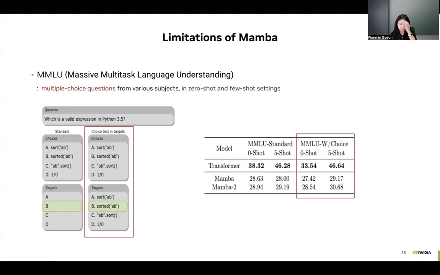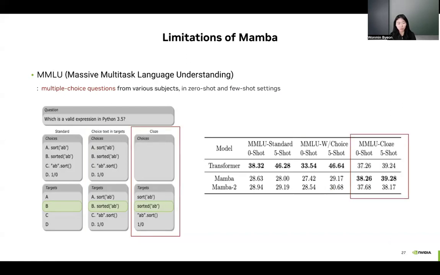But we didn't find any performance improvement or difference with this format. And then lastly, we tried removing all these multiple choice options. We just listed the answers in the targets, so it just selected directly from the answers in the target.